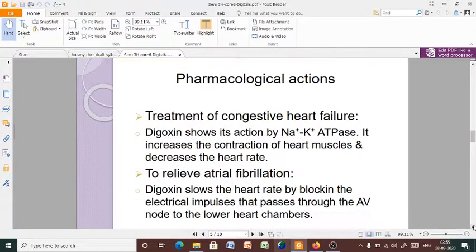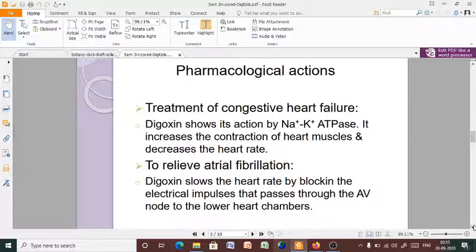And pharmacological actions include treatment of congestive heart failure. And how does this work? Digitoxin shows its action through sodium-potassium ATPase. It increases the contraction of the heart muscles and decreases the heart rate. By lowering the heart rate, this special drug can prevent heart failure.